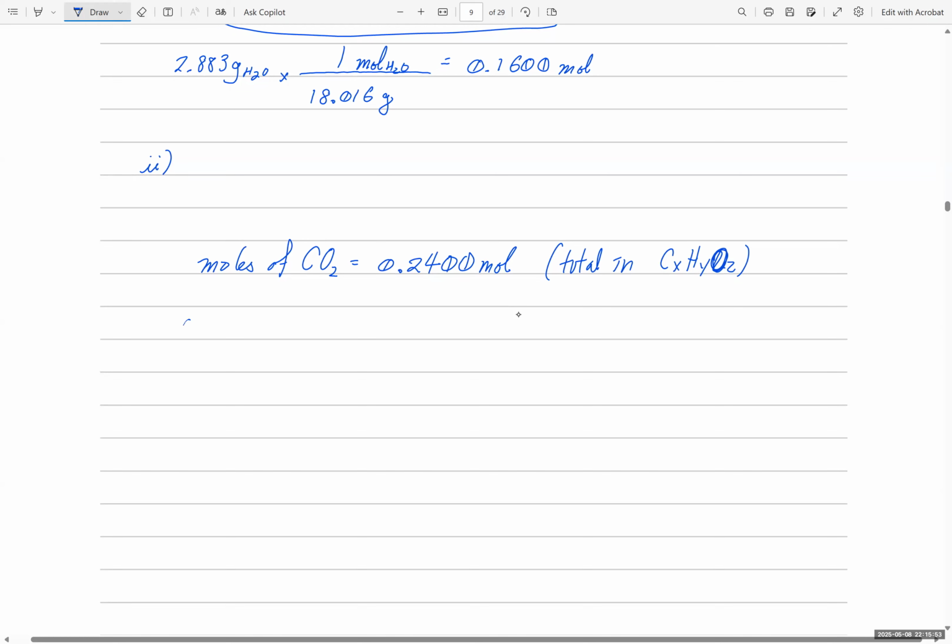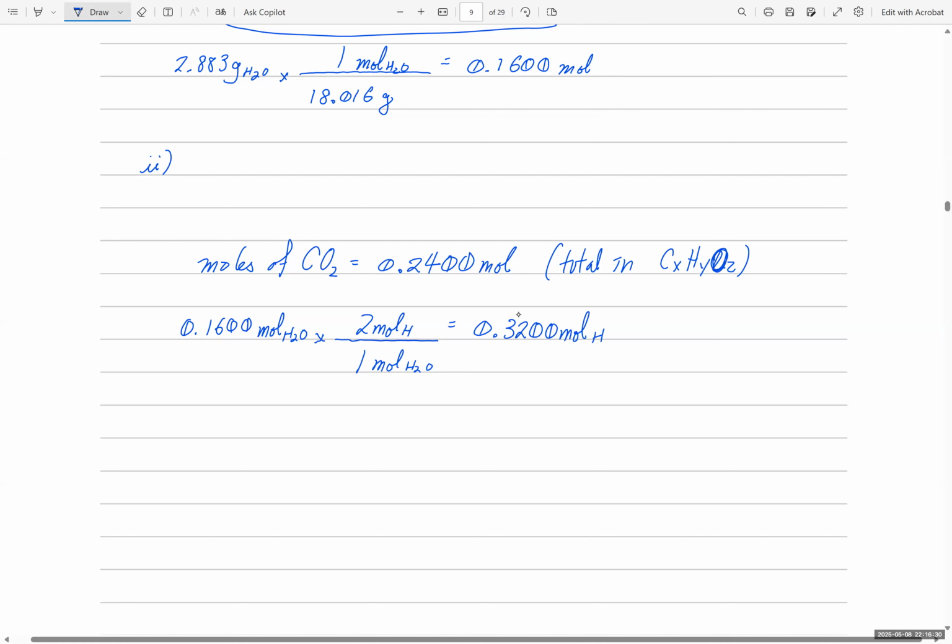We've got 0.1600 moles of H2O, but we're interested in the H. So we're going to have to do a little bit of conversion, where we know that in 1 mole of water, we have 2 moles of H. So that gives us 0.32 moles of H. And what else do we know?